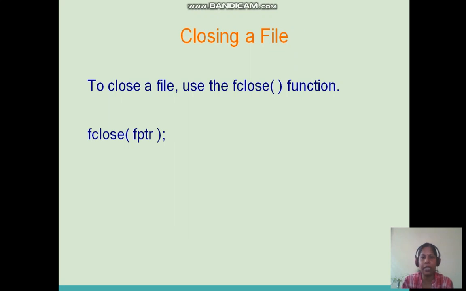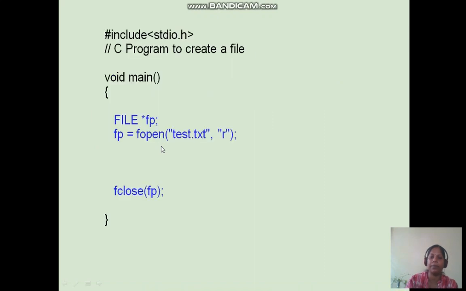Now, to close a file, use fclose. fclose file pointer. This is very simple, only give that file pointer to fclose. Now, this is how a basic file program looks. These are very familiar to you. void main and opening bracket, closing bracket.